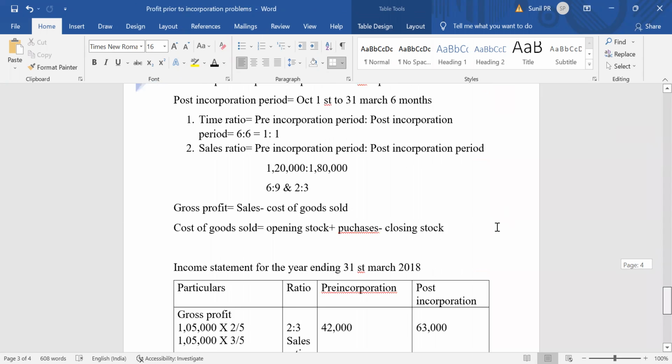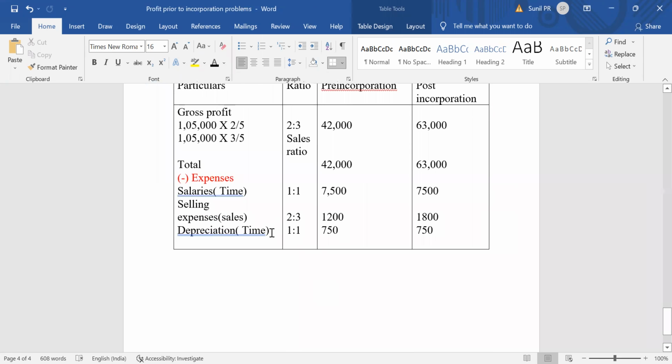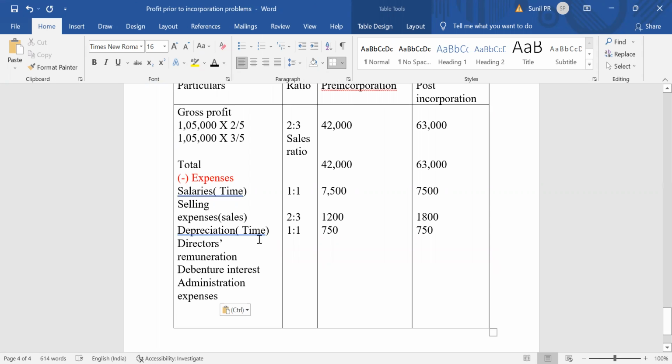Now I'm going back to the problem. After depreciation, it is director's remuneration, once again.